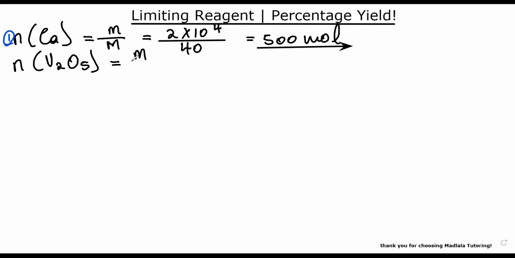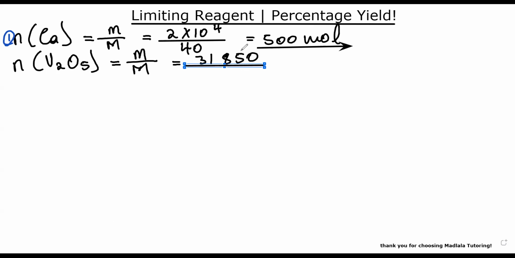Well, of course, it's going to be the mass over molar mass as well. And the mass of vanadium pentoxide is given to us as 31,850. And this is divided by its molar mass.